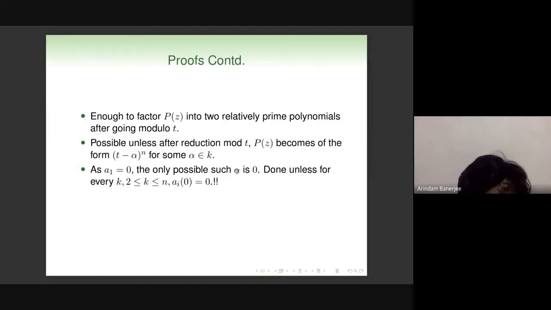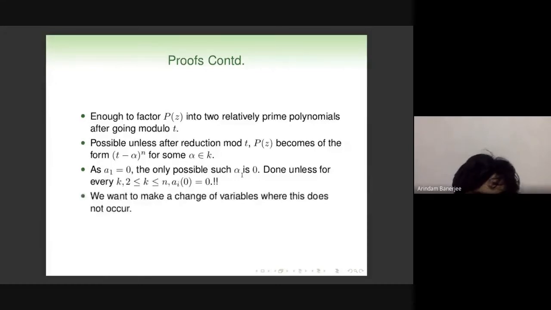Now, note that if you have this (z - alpha)^n, there is no way you can get a1 to be 0, and we are in characteristic 0. So the only possible such case is alpha equal to 0. And so we are done unless for every k, the ak's are 0 mod t.